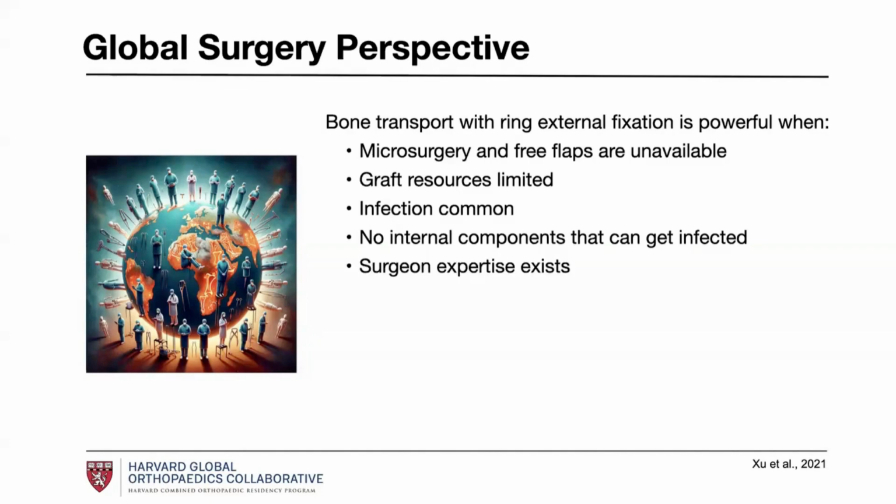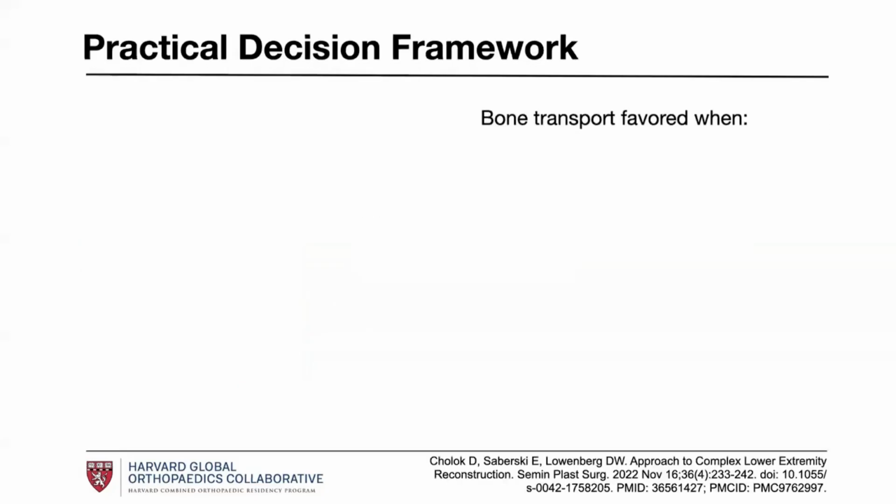And if the surgeon expertise exists, but it's not low cost in orthopedic surgeon time, the patient's time, and the significant effort that goes into performing these limb reconstruction surgeries.